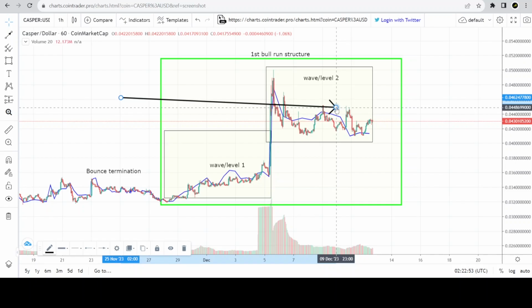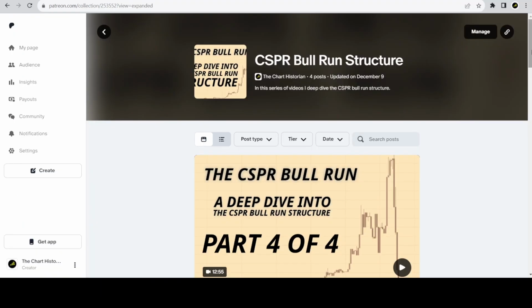That is something you need to be aware of. Now, once we get to the peak, the Casper bull run becomes extremely difficult to navigate. For those of you who are interested in selling into this bull run, you are going to have a challenging time, and I cannot emphasize that enough. It's going to be very difficult because this structure moves very quick at the end.